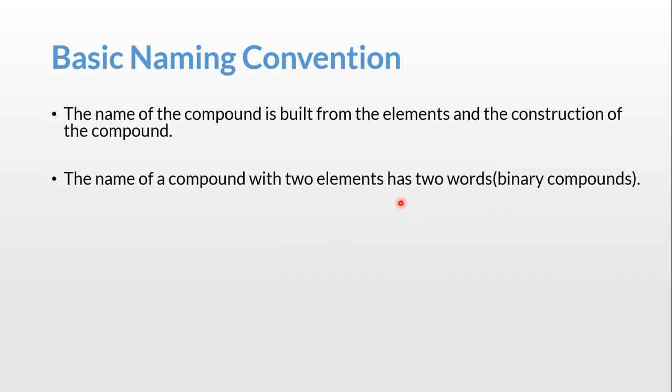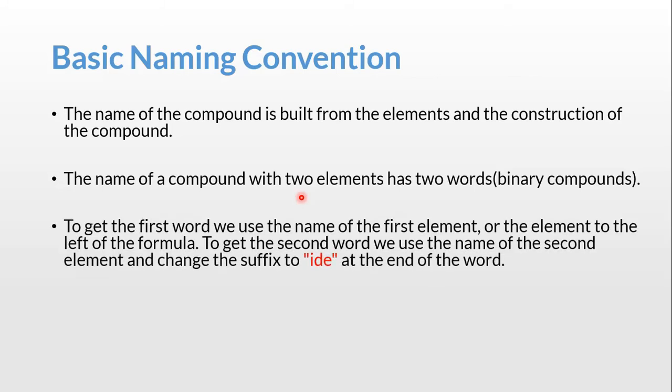To get the first word, we use the name of the first element or the elements to the left of the formula. To get the second word, we use the name of the second element, then change the suffix to -ide at the end of the word.